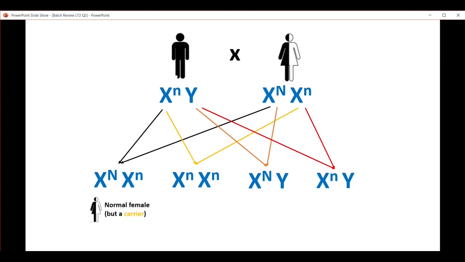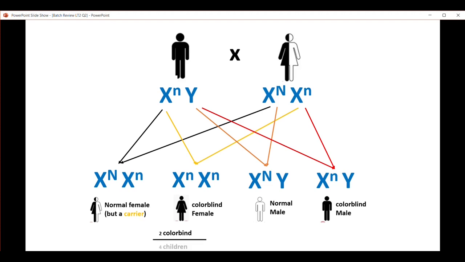The first one would be a normal female, but she is a carrier, still normal. Colorblind female will be the second. How about the next one? The next one would be a normal male, and the last one would be a colorblind male. So a cross between an affected or colorblind male and a carrier female will produce two colorblind children out of four children, which is one half, or 50%.